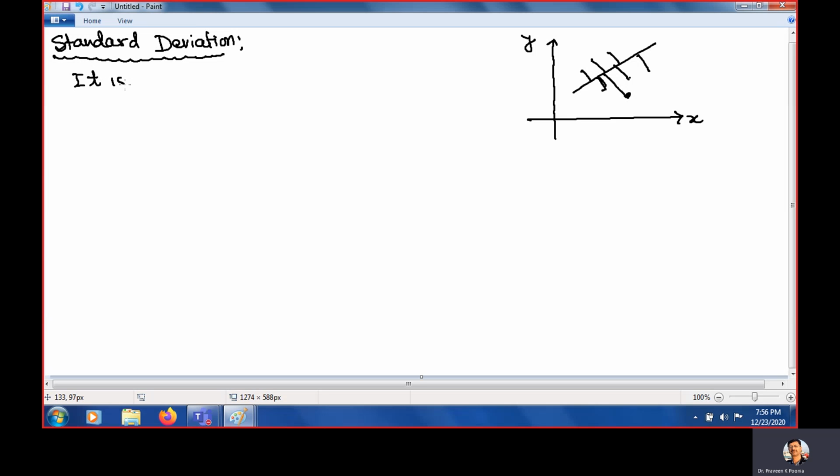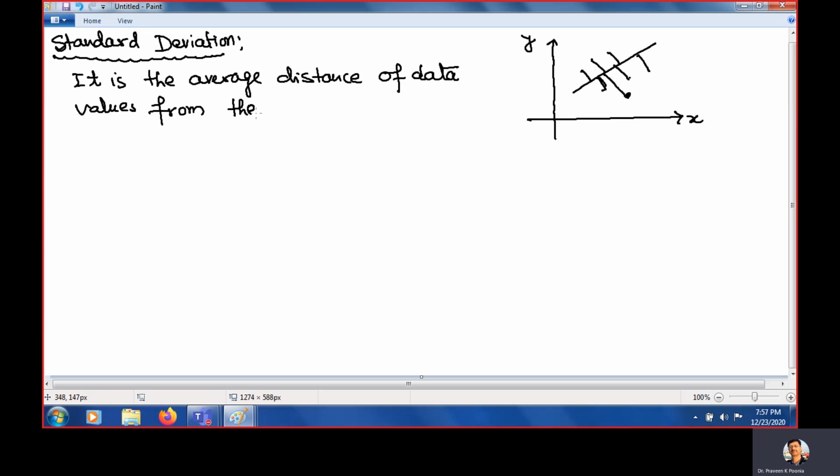So what is the standard deviation? It is the average distance of data values from the mean of the data set.